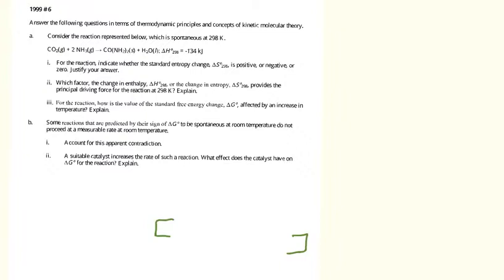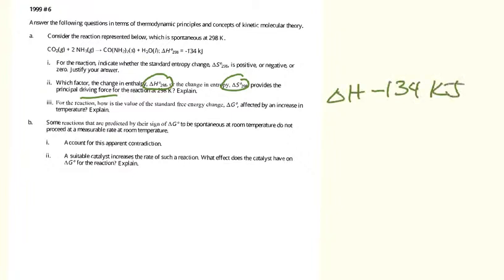In part 2, they're asking us whether delta H or delta S is driving this reaction. And so if we think about the signs, the delta H, it looks like, is negative 134, and the delta S, we just predicted that it would be negative.